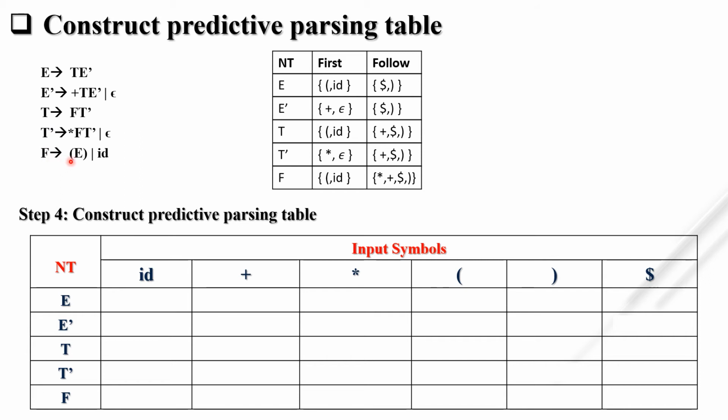From here we get the opening bracket. From which production? T E dash. So in E's row, in the opening bracket column, what do we put? E tends to T E dash, ओके, here we put E tends to T E dash.